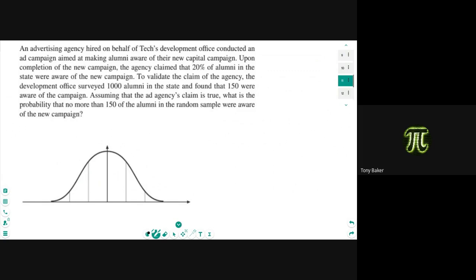All right, so upon completion of the new campaign, the agency claimed 20% of the alumni in the state were aware of the new campaign. So is this a binomial experiment? Yeah, they're either aware or they're not aware. There's nothing in between. So this is binomial. We're given the probability, so P is 0.20.